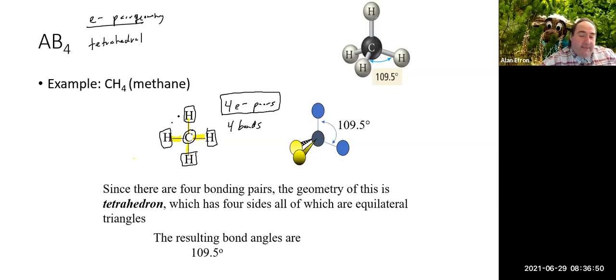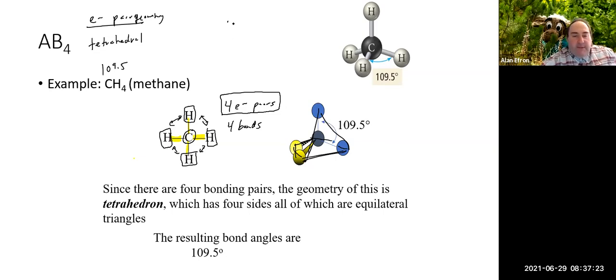So remember, as these guys try to get away from each other, as one of those bonded atoms moves, the other one moves as well, until they rest upon this geometry here, which is tetrahedral, which has a bond angle of 109.5. It's a triangle on the face and almost like a pyramid type shape on the bottom, and it creates this 109.5.